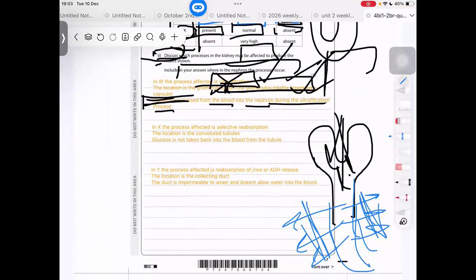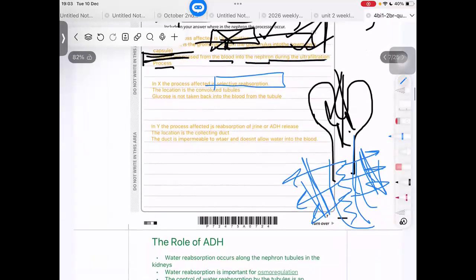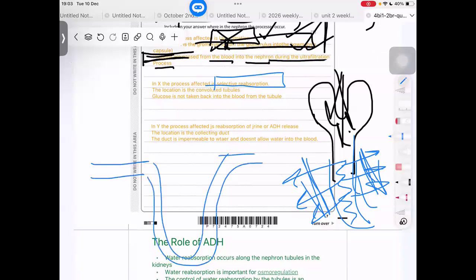Therefore, the process affected will be selective reabsorption. Due to that only, we will still have glucose in our urine. And where does selective reabsorption take place? It takes place in the convoluted tubules. If you take the nephron, these two are the convoluted tubules.